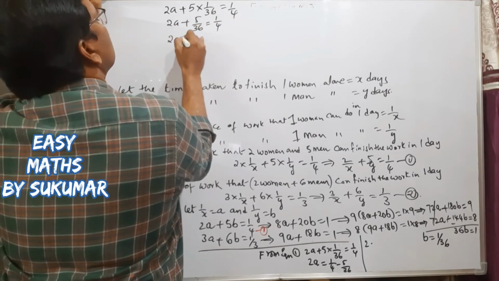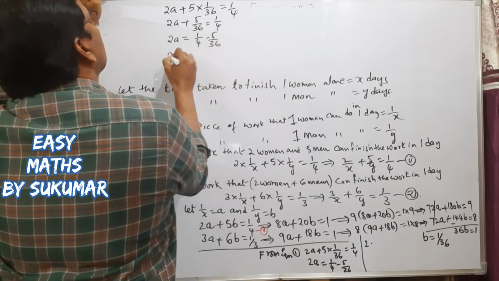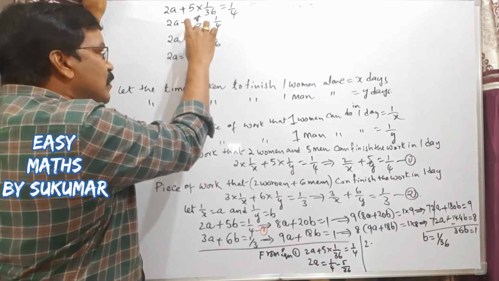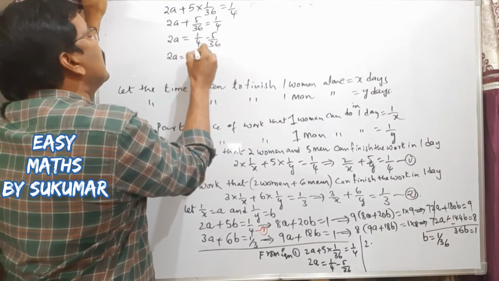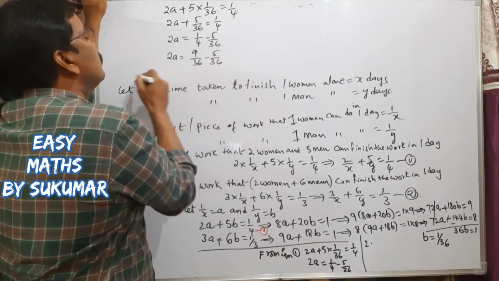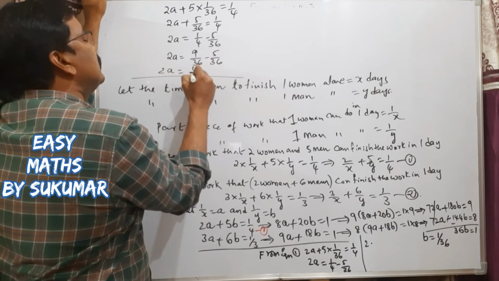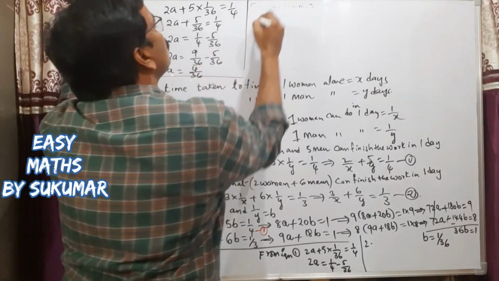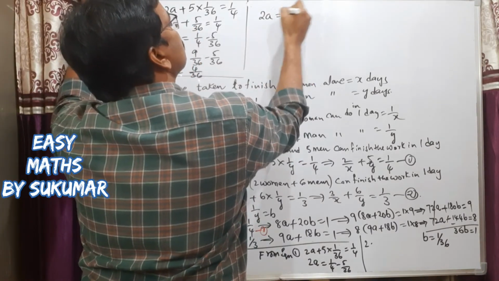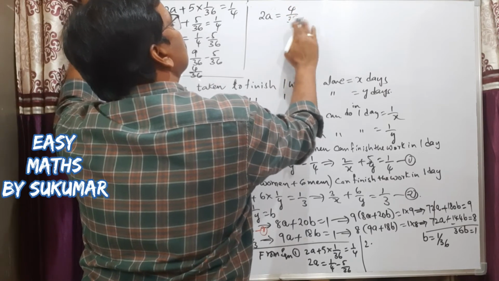That means 2a is equal to 1 by 4 minus 5 by 36. Let us multiply this 1 by 4 with 9. That means 9 by 36 minus 5 by 36. So 2a is equal to 9 minus 5, which is 4 by 36.